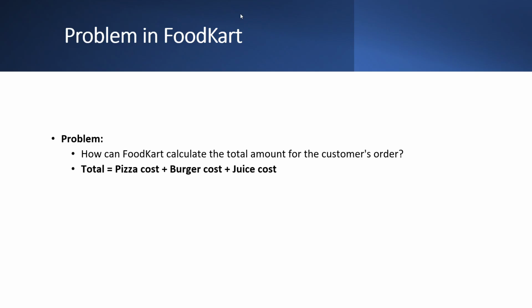Then we multiply the price by the quantity. Finally, we add the cost of all the items together. For example, the cost of the pizzas plus the cost of the burger plus the cost of the juices. That will give us the total order amount. This is a simple programming problem.